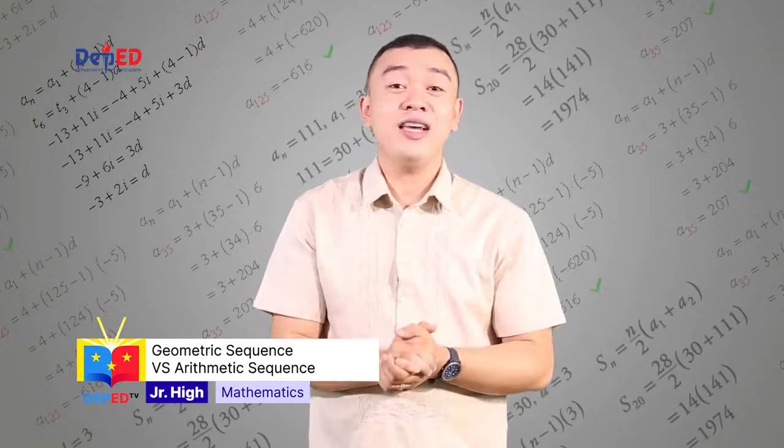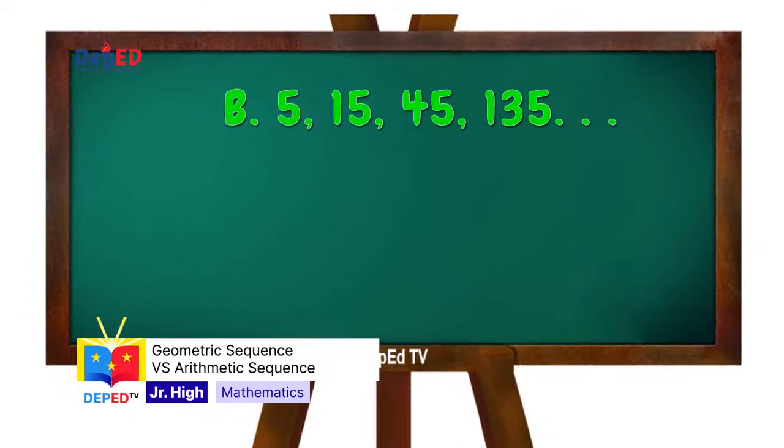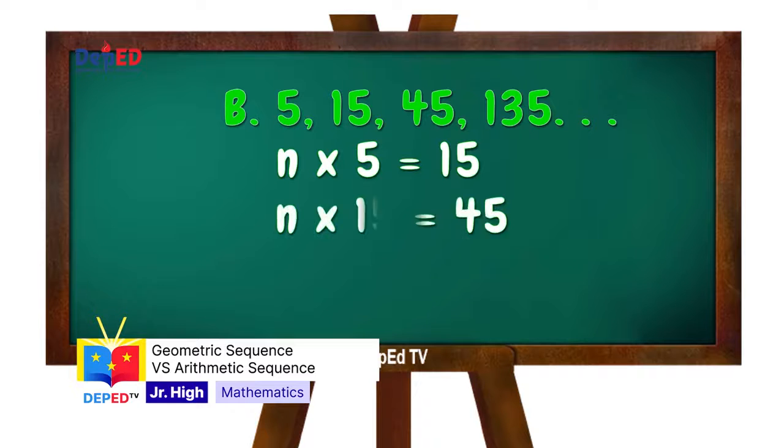Now, let's take a look at sequence B. Notice a number is multiplied to the first term 5 to get the second term 15. And the same number is multiplied to the second term 15 to get the third term 45, and so on.